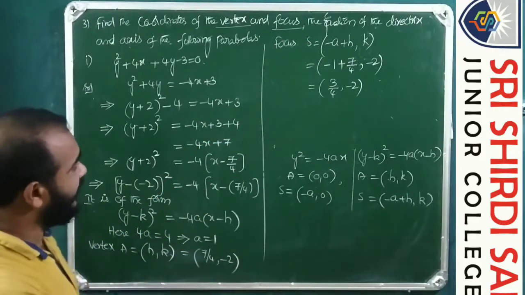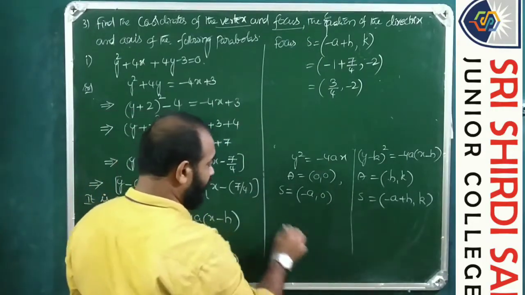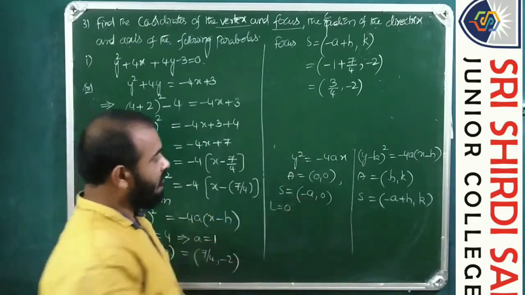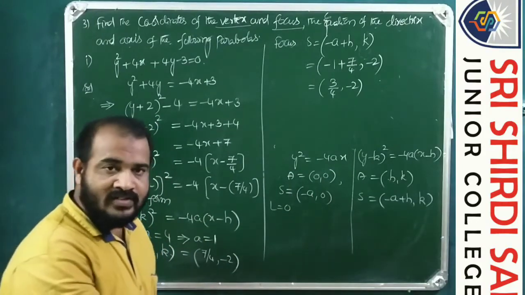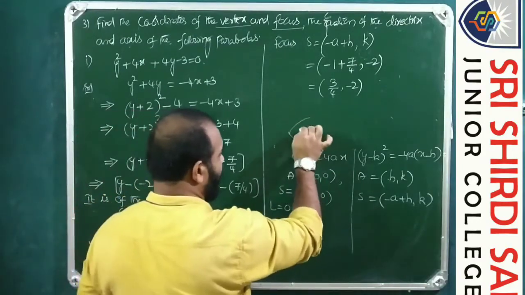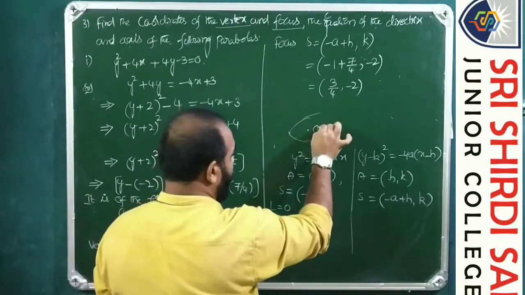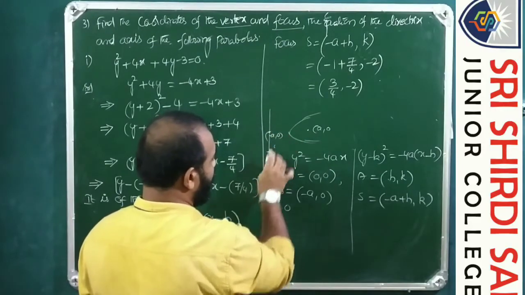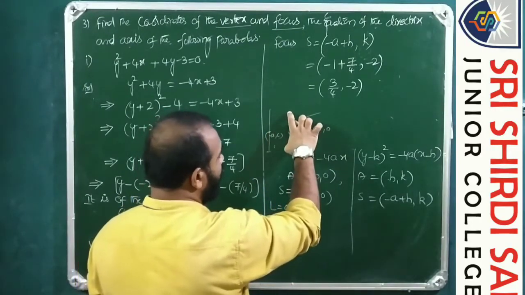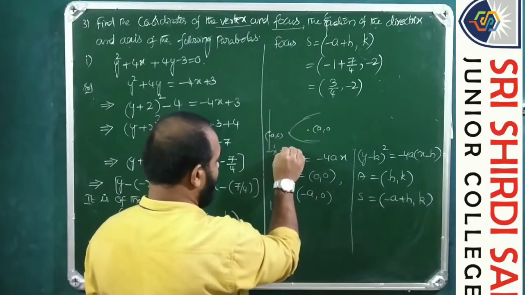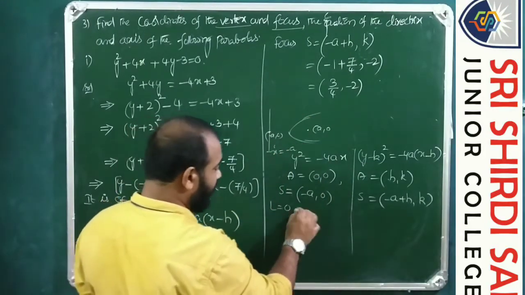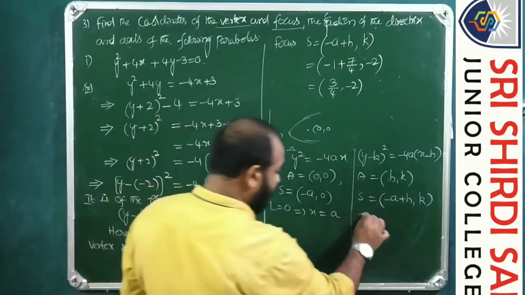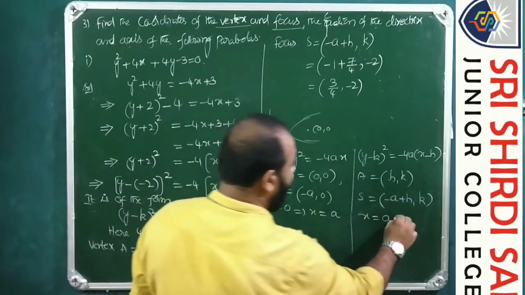Equation of the directrix. What is the equation of the directrix? For the parabola y square equals 4ax, the focus is a comma 0 and for y square equals minus 4ax it is minus a comma 0. The directrix is a line parallel to the y axis, x equals minus a for one, and x equals plus a for the other. But here, x is equal to a, and additionally h will be added.